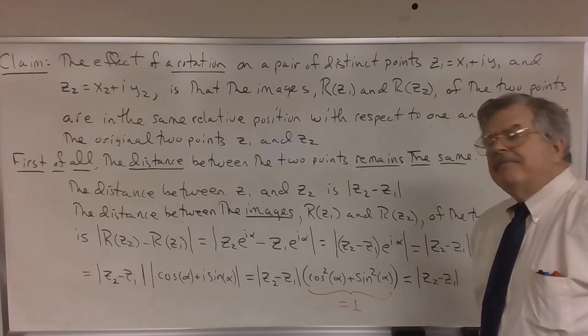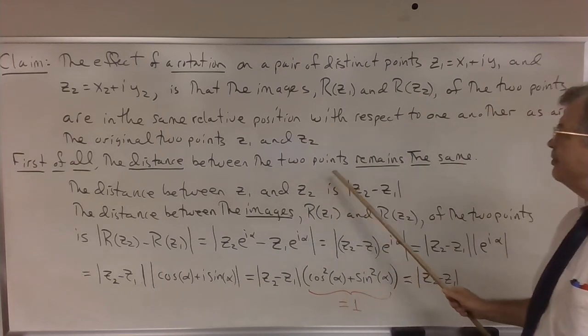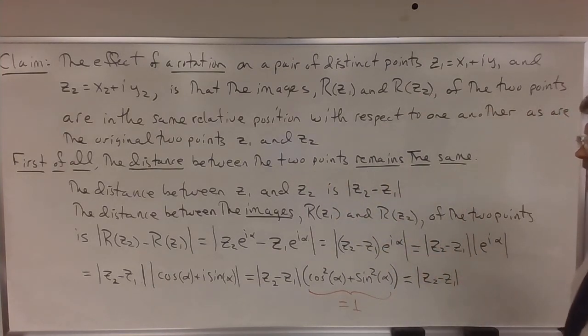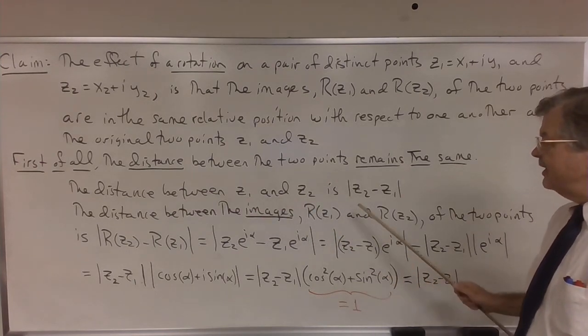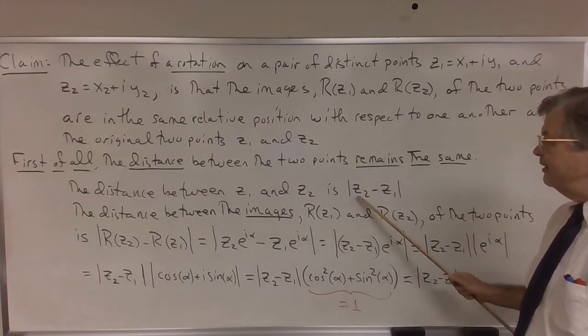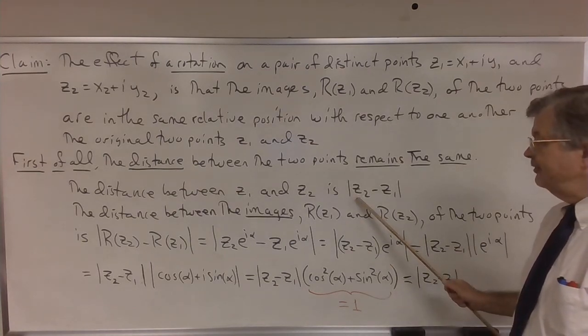And to back that up, first of all, we're going to show that the distance between the 2 points remains the same. The distance between z1 and z2 is the modulus of z2 minus z1. This is the distance from z1 to z2.